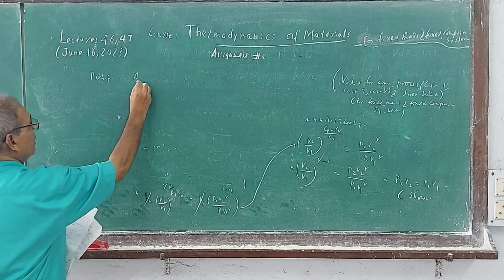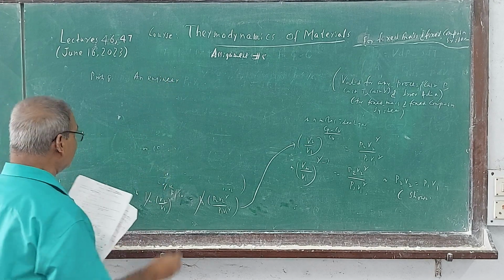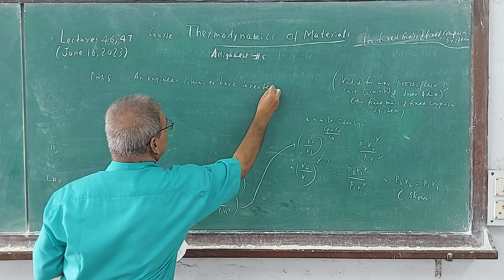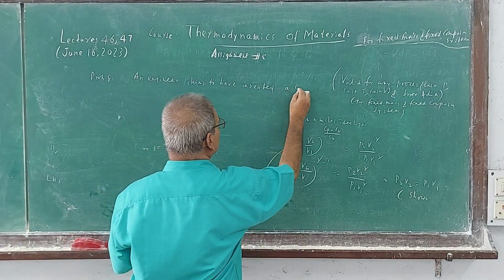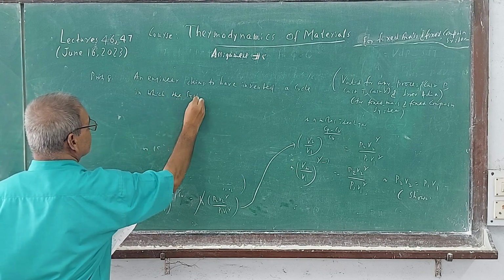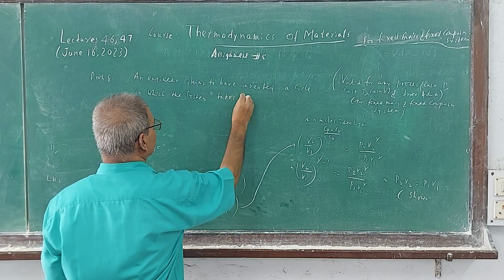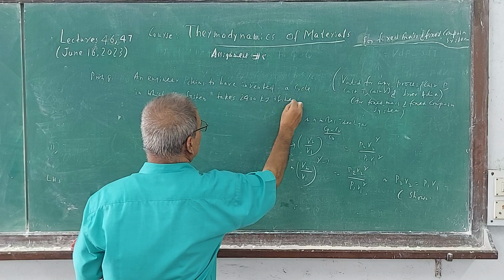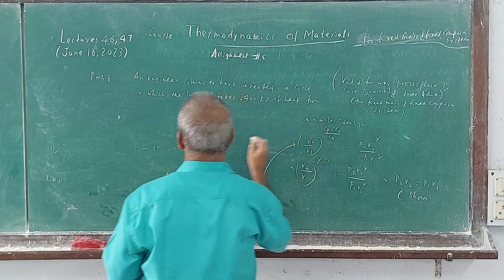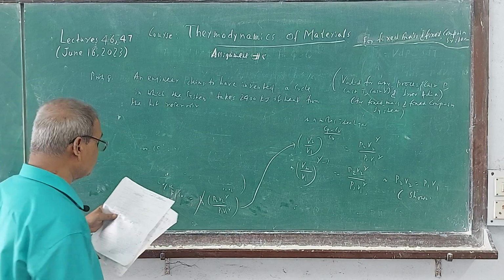An engineer claims to have invented a cycle in which the system takes 2400 kilojoule of heat from the source, the hot reservoir working at 400 K.